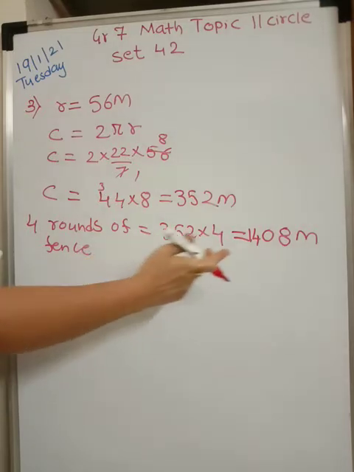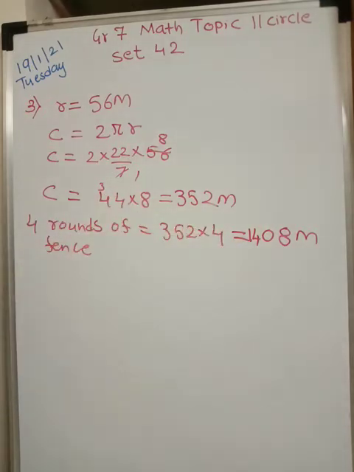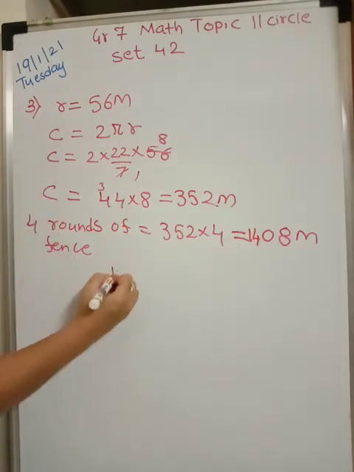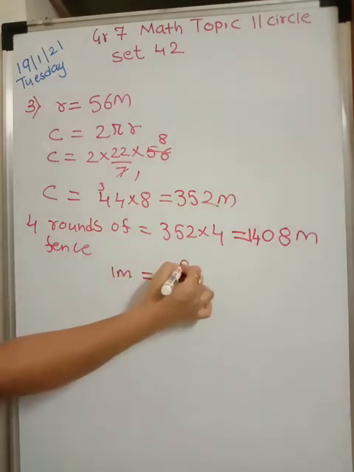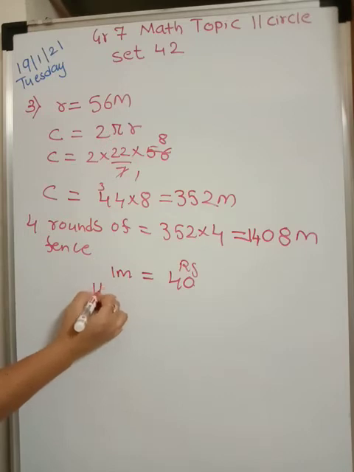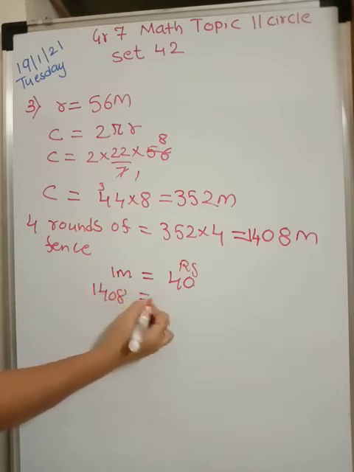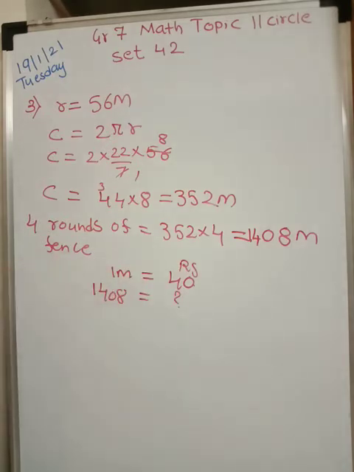This is the length required. What will be the cost? The rate is 40 rupees per meter. If this many meters of wire is required, per meter means 1 meter, 40 rupees is the rate. So what is the length? 1408. So how many rupees will be the cost, isn't it?